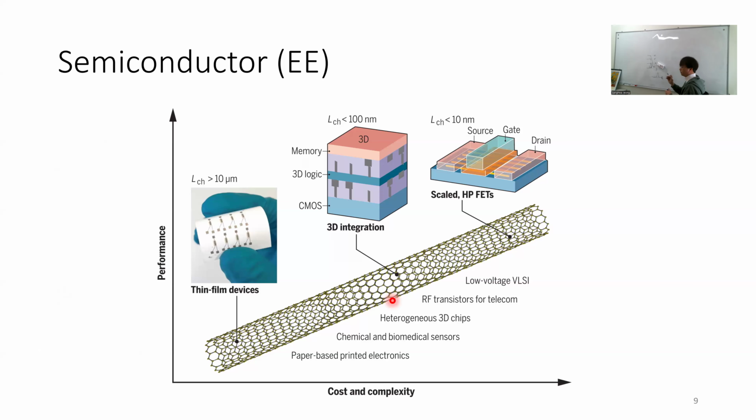for example, silicon. Silicon is the main semiconductor we are using in the semiconductor industries. Bulk silicon has an electronic band gap around 1.0 electron volts. So it starts to absorb at about 1,000 nanometers.